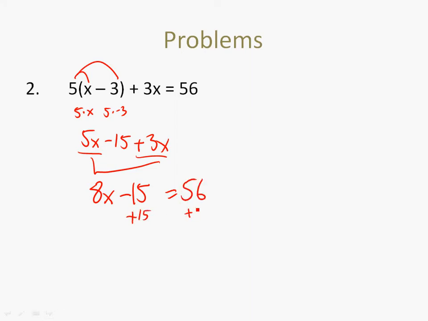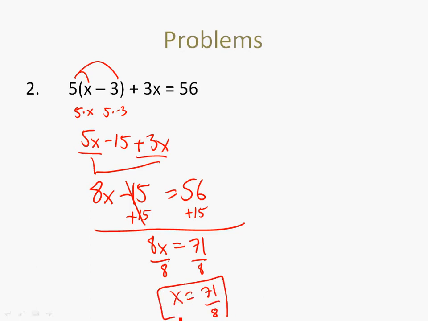Add 15, add 15. 8x, that goes away, so now it's plus 0, which is just 8x, equals 56 plus 15, that's 71. Divide by 8, divide by 8, x equals 71 eighths. So again, we had to do a couple other steps there, but you still have to remember to follow the correct order of operations when simplifying. And then once you get down to that two-step equation, it becomes really simple.